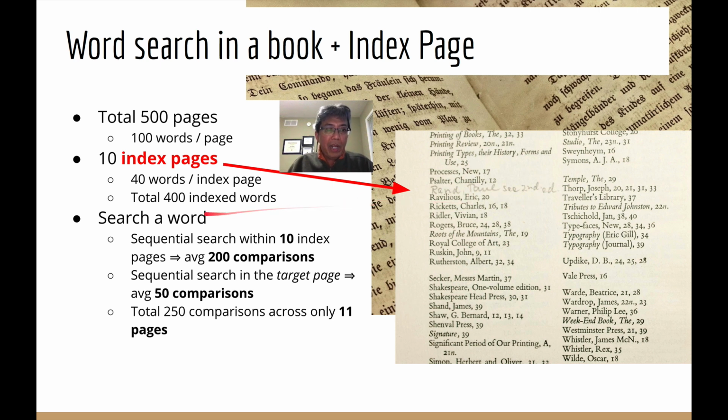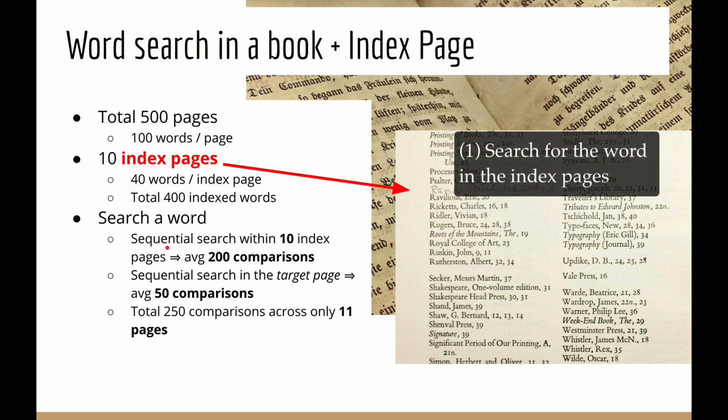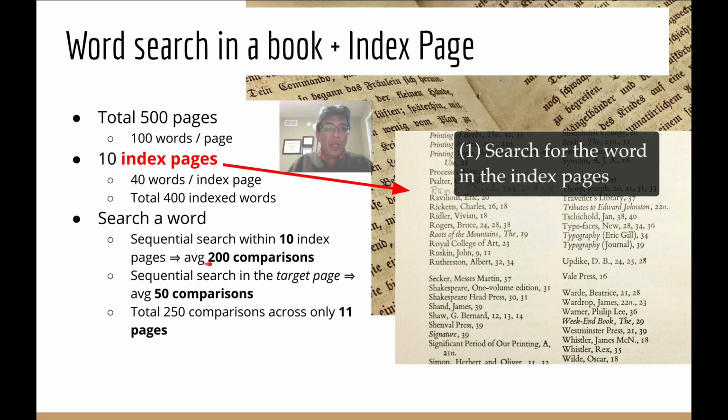So that means we have a total of 400 index words. Now to search for a word, instead of scanning sequentially from the beginning until the end of the book, we will start scanning sequentially within the index pages. Because we have a total of 400 index words, that will cost us on average 200 comparisons within the index pages.